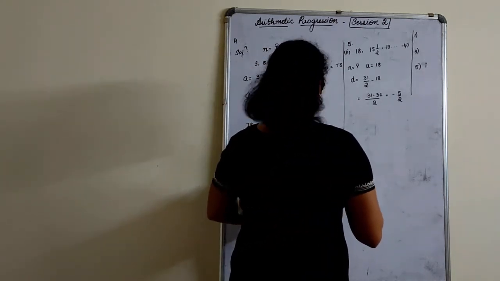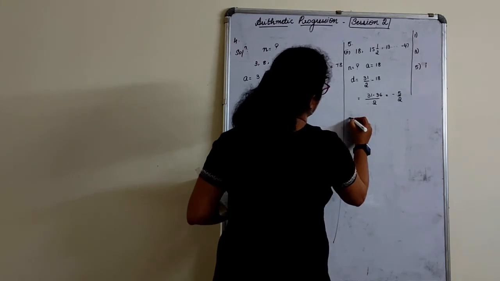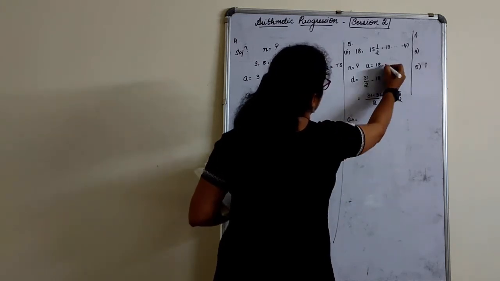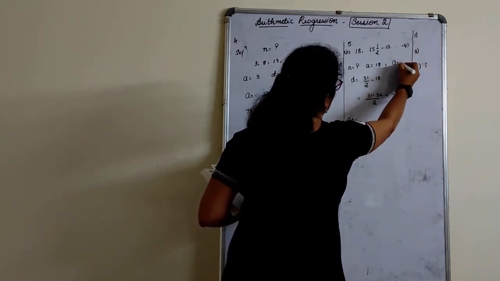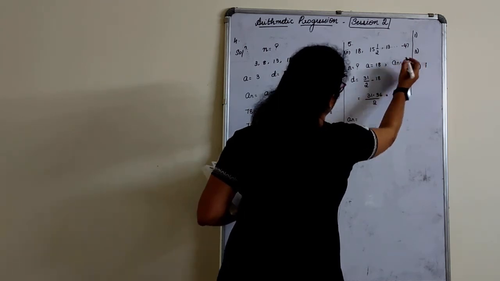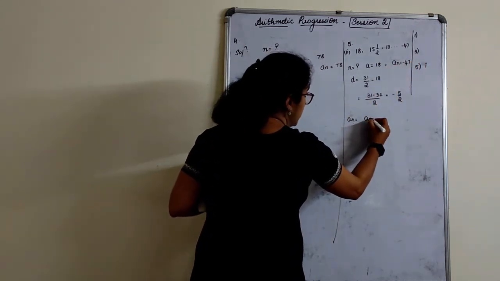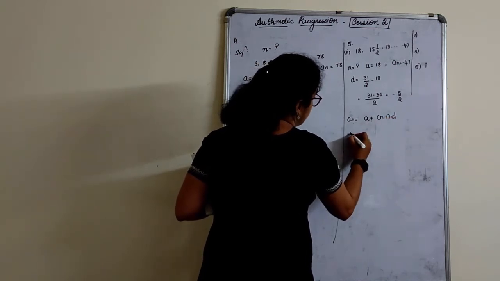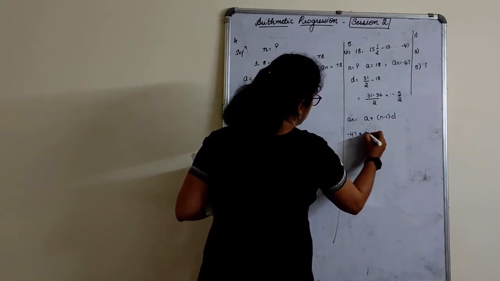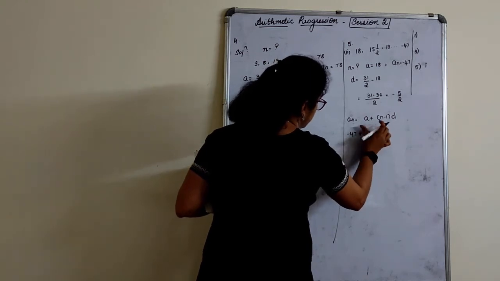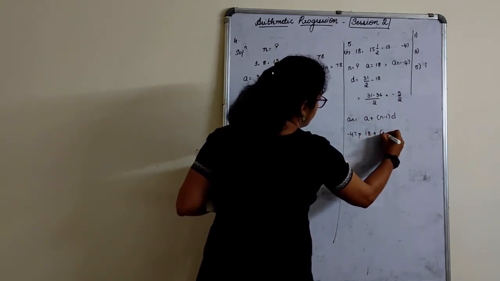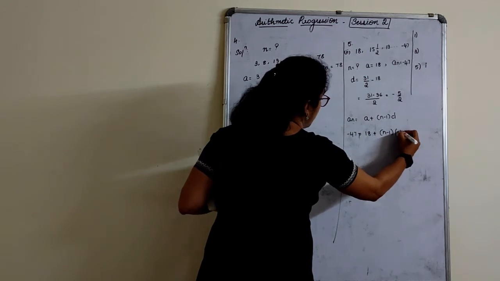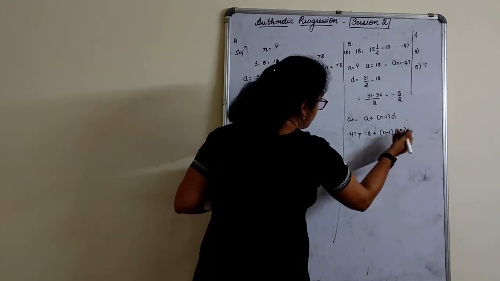So quickly start with it. an is equal to minus 47. an is equal to a plus n minus 1 of d, where an is minus 47, plus 18 of n minus 1 of minus 5 by 2.